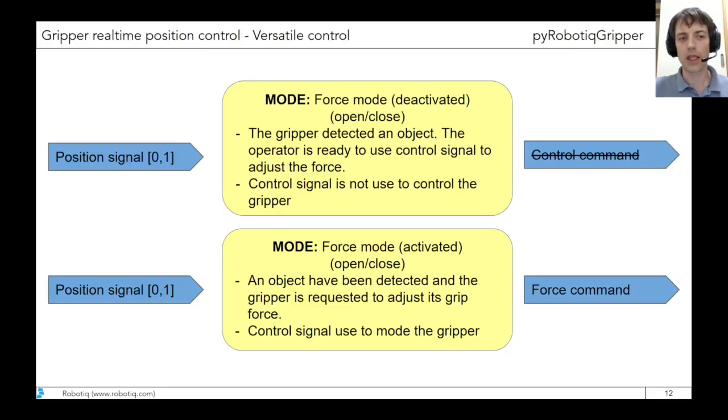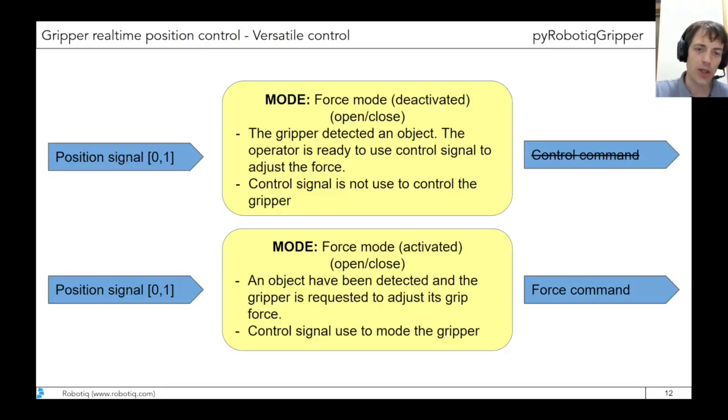Here we still have the position signal, the joystick signal from the operator, but we don't send any control command. We just wait for the operator to press the joystick to set a force, to enter the force mode.